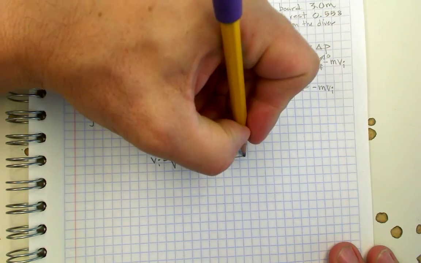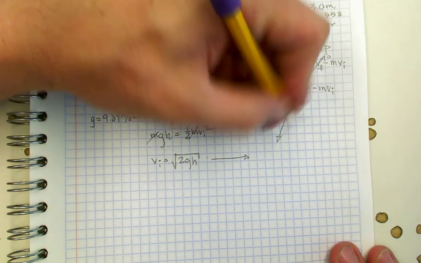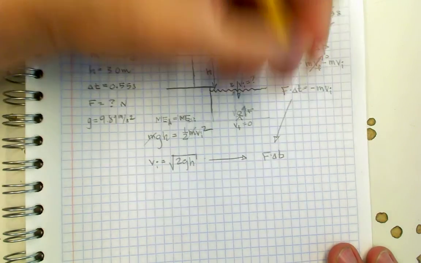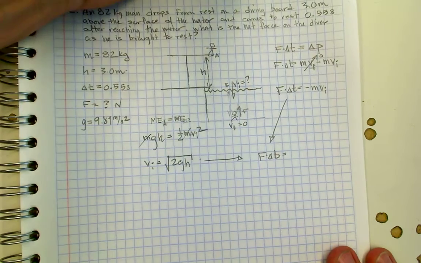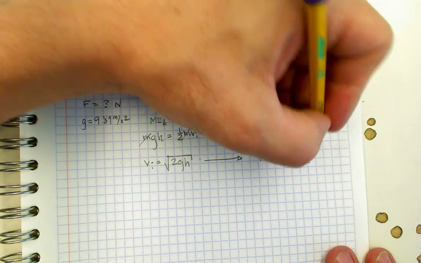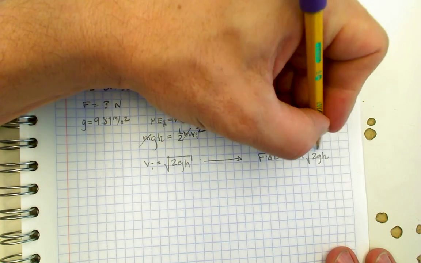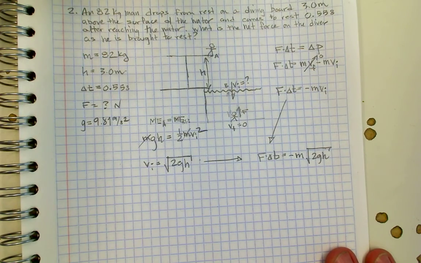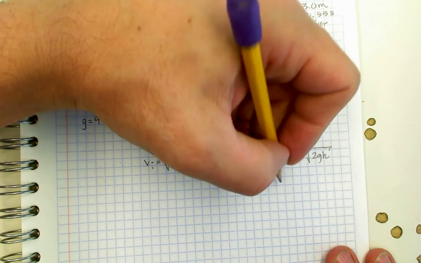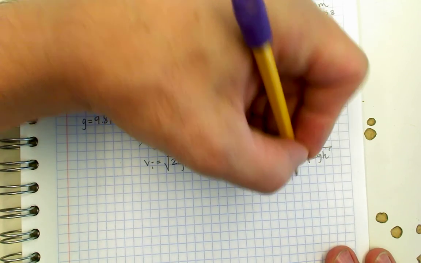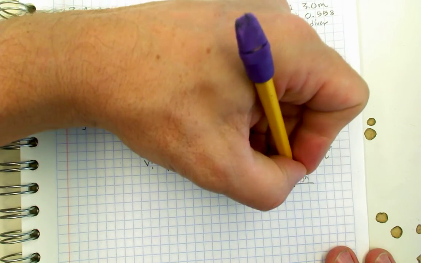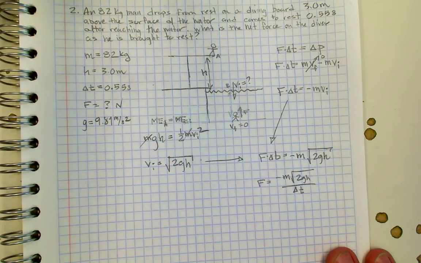And so from here and here, we can put all this together and say F delta t equals negative m square root of 2gh, and with a little bit of work to get the F by itself, F equals negative m square root of 2gh divided by delta t.